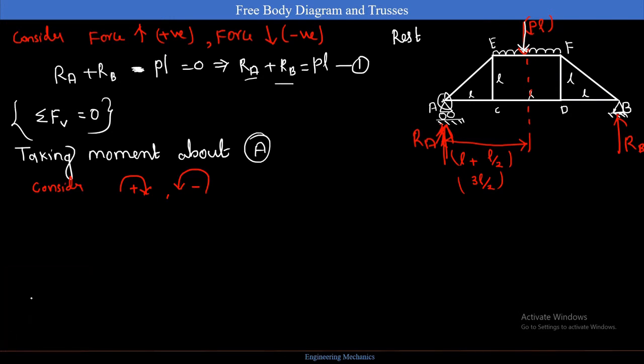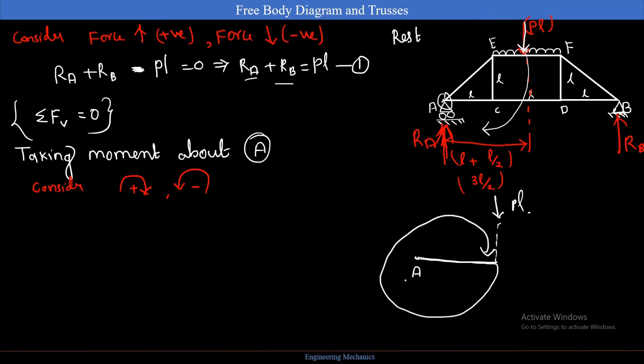So how can I solve this? The PL is moving downwards in this direction. See, my A is here and my PL is acting here, so it is trying to move in this direction. The force is moving in this direction, so it is clockwise.